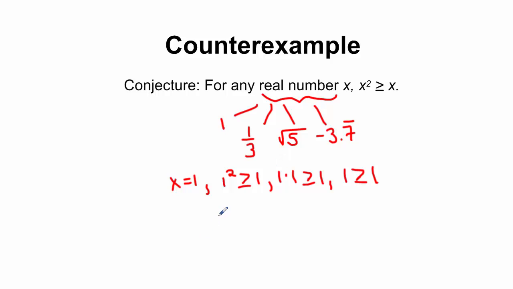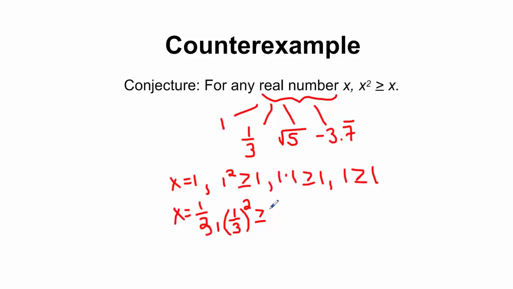Let me try a different number. Let's do when x is the fraction 1/3. We'll try that one. So if x is 1/3, I'm going to take that number and square it.